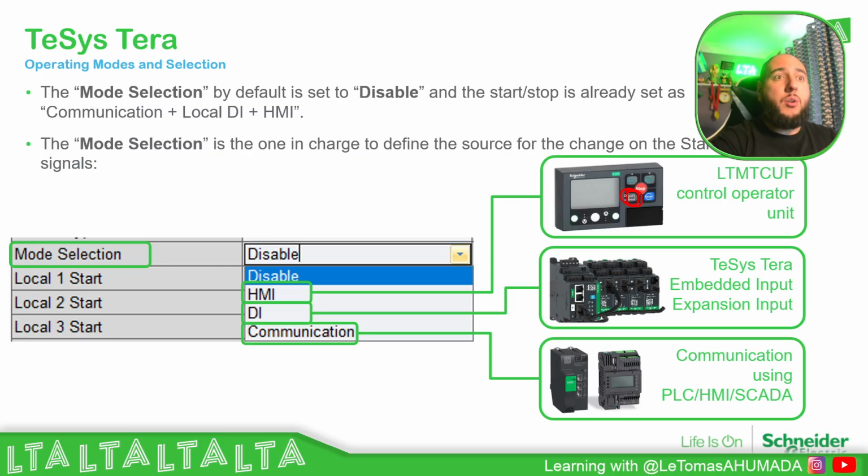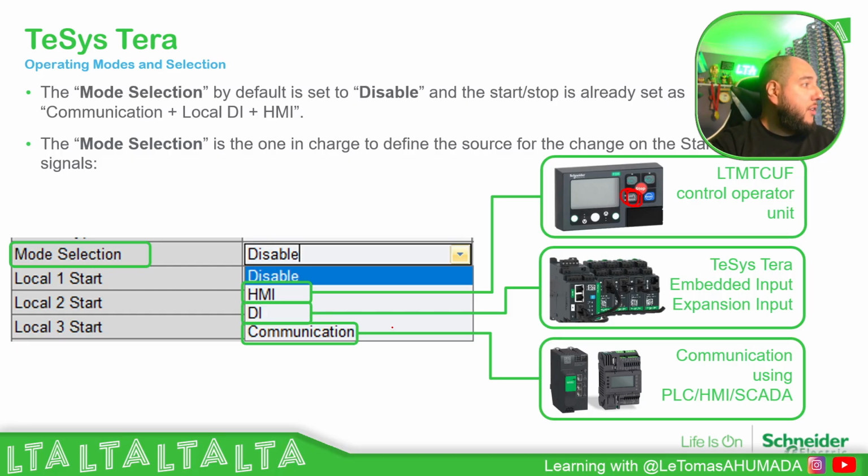Here we just need to use the front of the device to make that selection. If we select DI, then we can use the embedded IOs or the remote IOs to change the local start and local stop. It's just to define which source I'm going to take to make the selection between the different kinds of starts and stops.